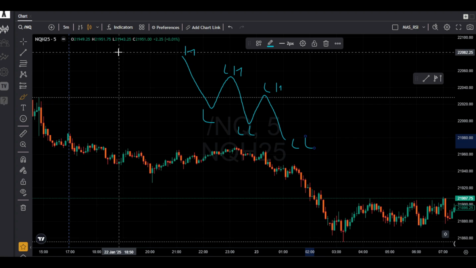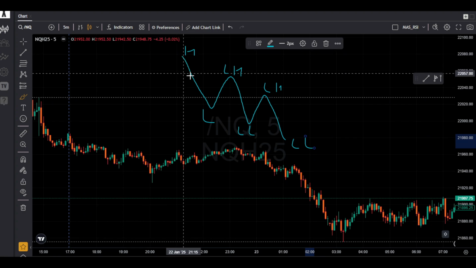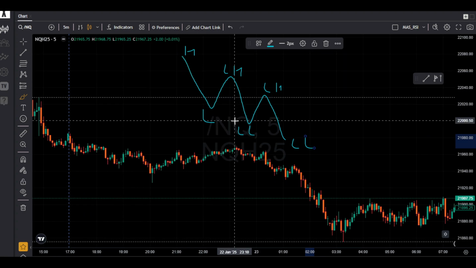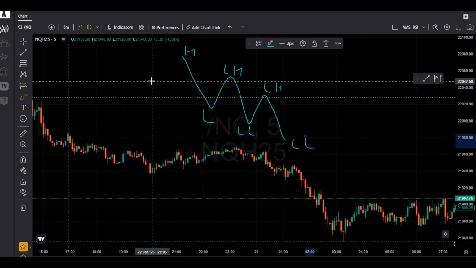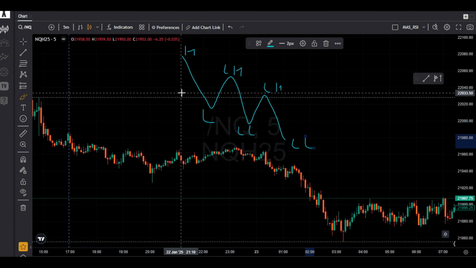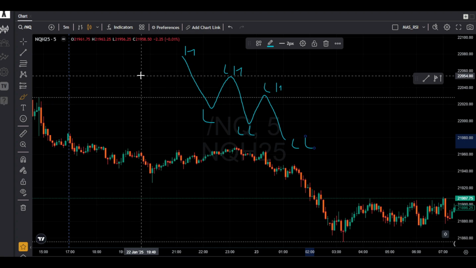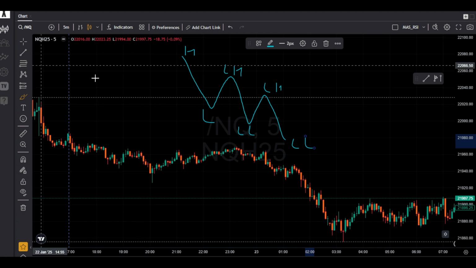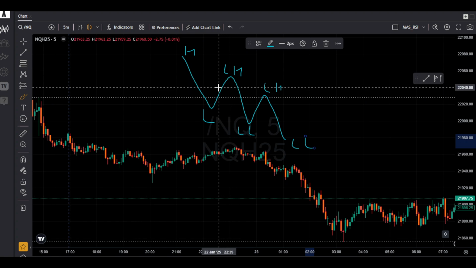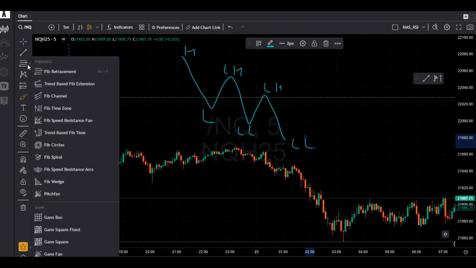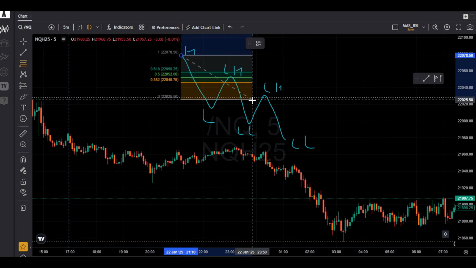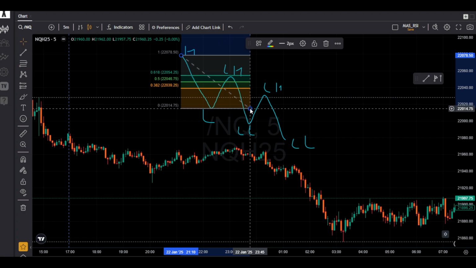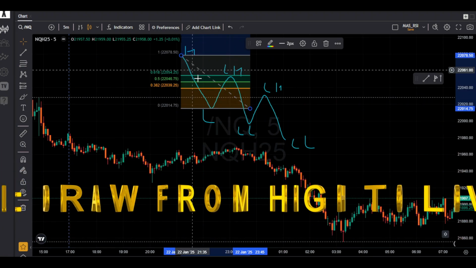Now it's time to use our fib tool. This is again just to show you how market structure works. In the future, I'll definitely create a video on market structure trading and how to understand it. Now assume we only have this part, so we'll start with this. With the fib retracement tool, when price started retracing, we are going to draw our fib tool.